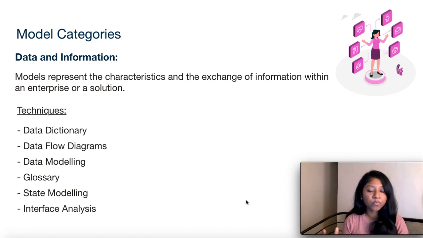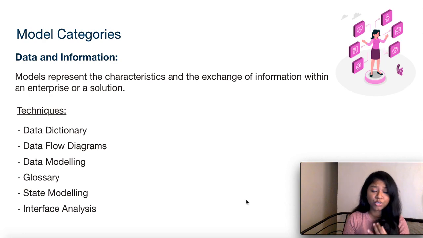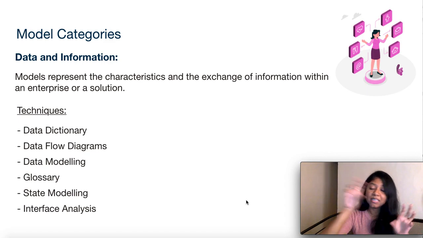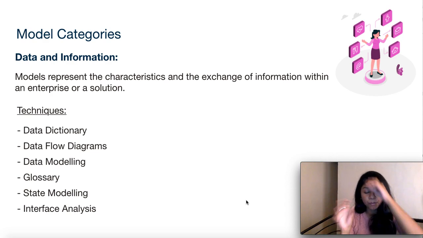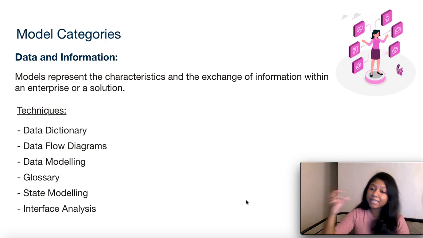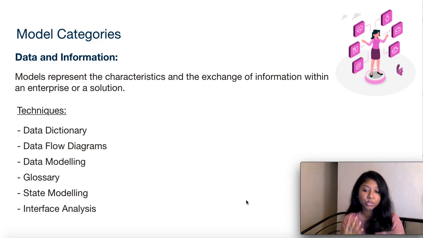So if you have worked with techniques like data dictionaries, data flow diagrams, data modeling, glossaries, state modeling, or interface analysis, all of this falls under the data and information category of models. This helps you to understand how the data within either an organization or a system relates to each other, and how the data and information passes on from one entity to another.